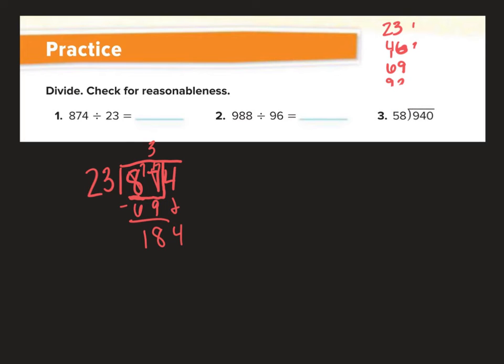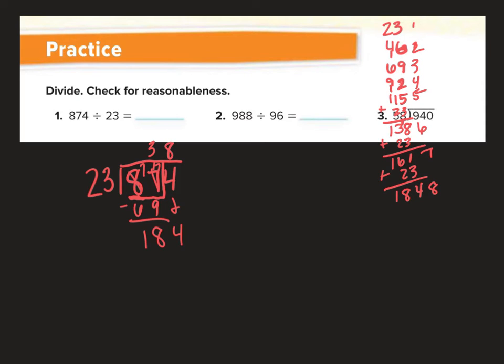I just kind of like to keep it clean here. 115 plus 23, 138, 161. Oh, well, look at that, 184. So I had 1, 2, 3, 4, 5, 6, 7, 8.